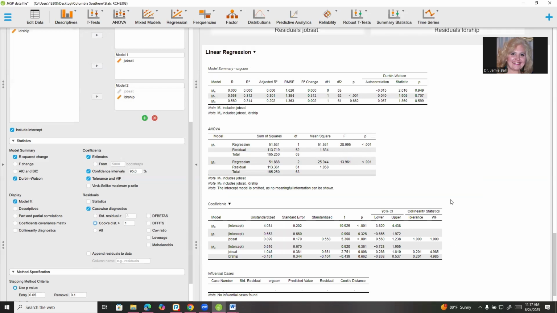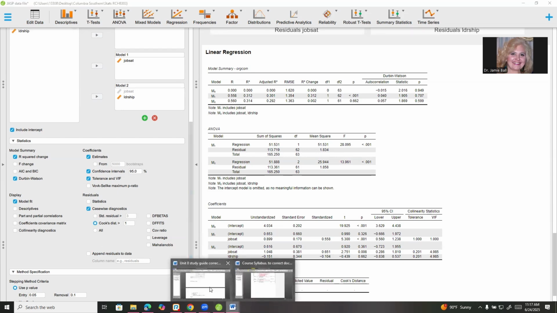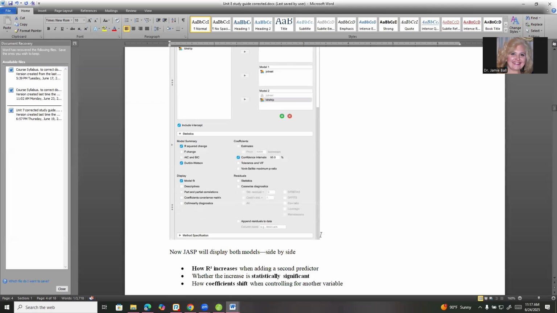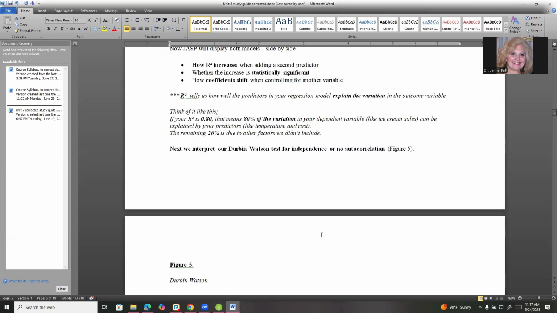Okay, look at all this. So now we have our linear regression with the Durbin-Watson test right here. We have our ANOVA, which tells us how well this model, the multiple regression, fits our question. And then we have our coefficients. R-squared tells us how well our predictors in the regression explain the variation in the outcome variable.